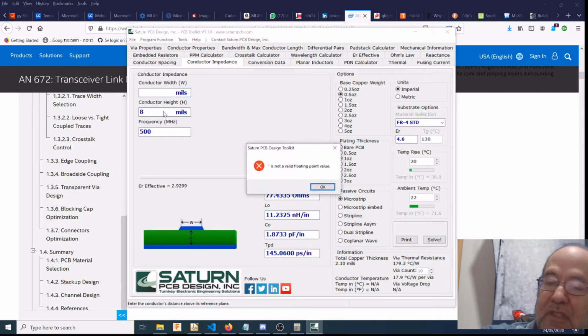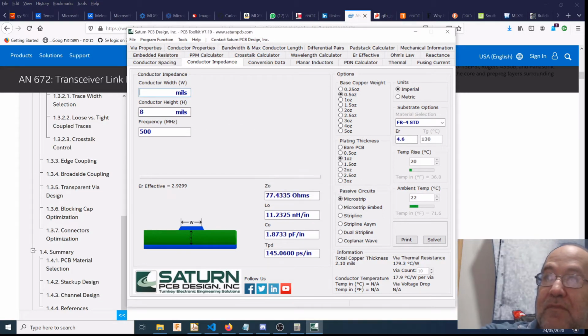If I go to a 6 mil trace, it also goes up.